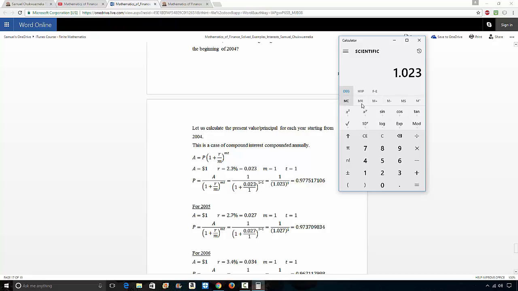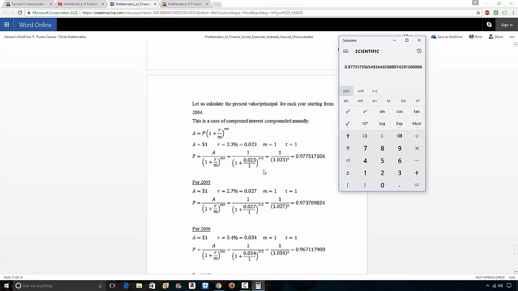So this is bold now. Whenever you hit this it becomes bold, then you know that you saved it in memory. And you just do 1 divided by recall memory. And that gives you 0.99517106. You do this because this is from 2004.